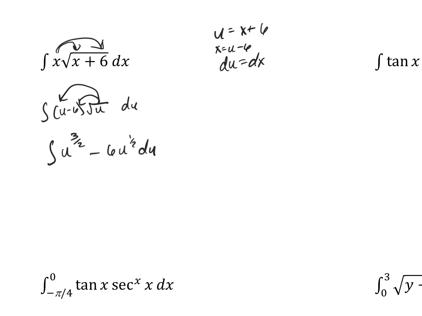Like, we could think of it this way now, yeah? Which is what's useful. And then, 2/5 u to the 5 halves minus 12 u to the 3 halves? Yeah.